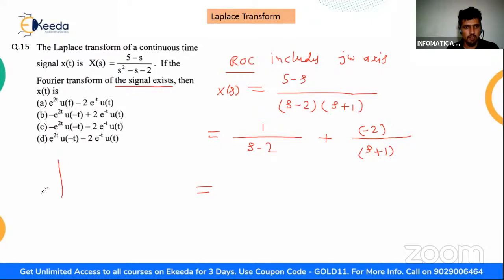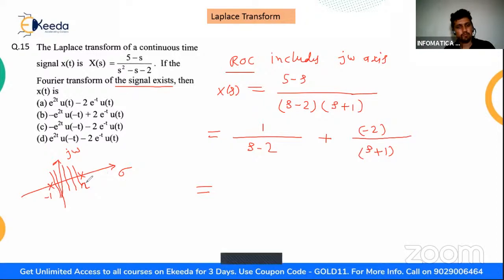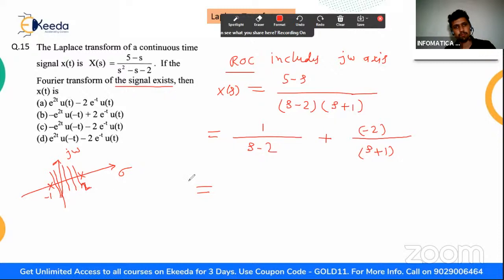What that means is that one pole is here at 2. This is sigma and this is j omega. One pole is at s equals 2, and another is at s equals -1. So the ROC must include the j omega axis, which means the ROC must be this region only, from -1 to 2.